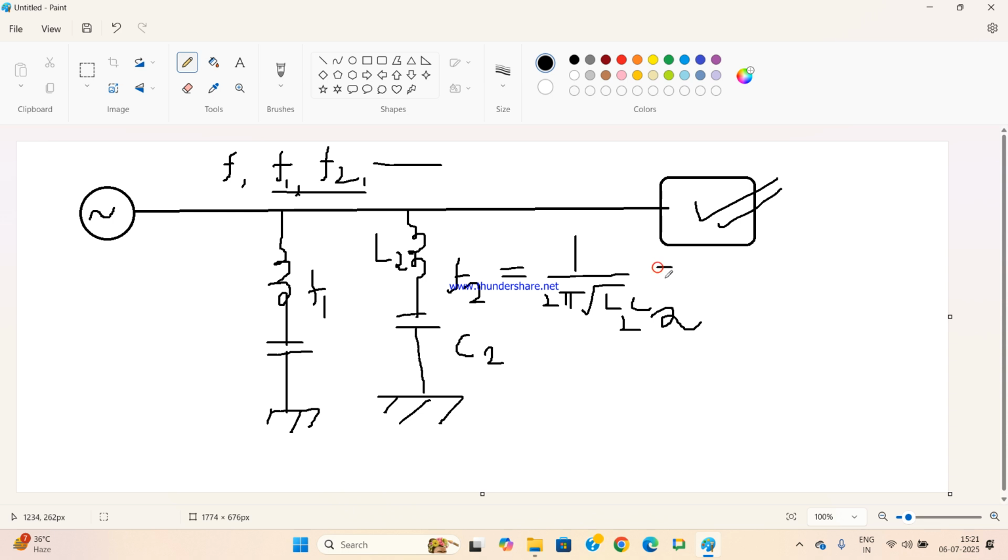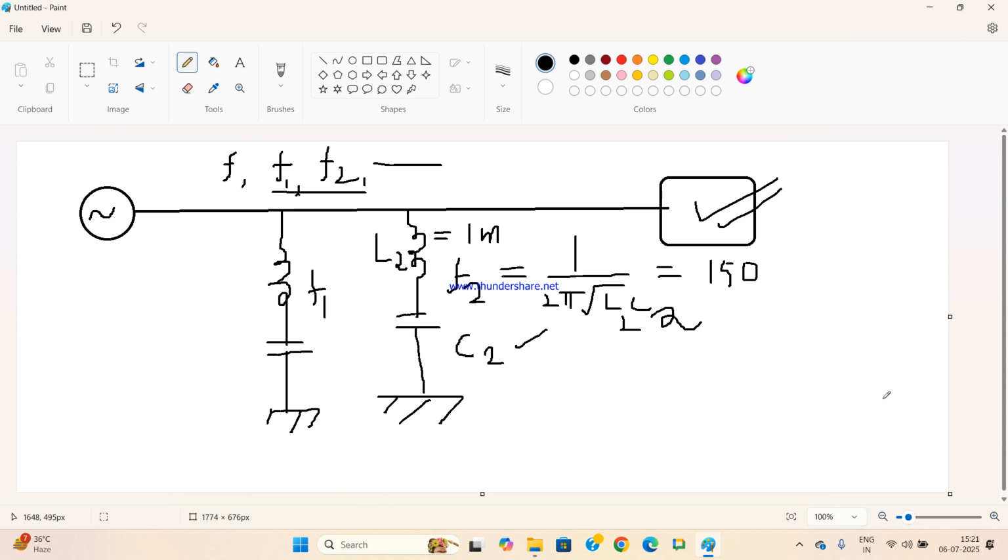And your F2, say I want to drain 150 hertz and you take your L2 as 1 millihenry. So here in place of L2 you put 1 millihenry and calculate the C2. Okay. So this is called your passive filter.